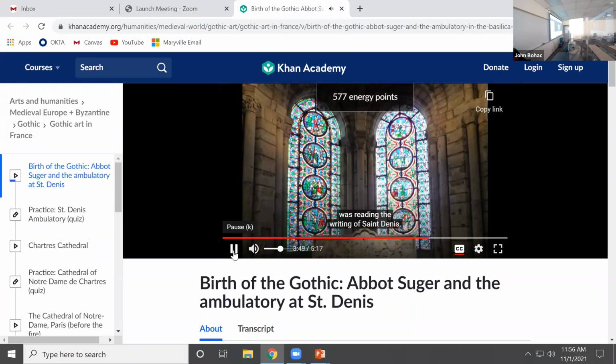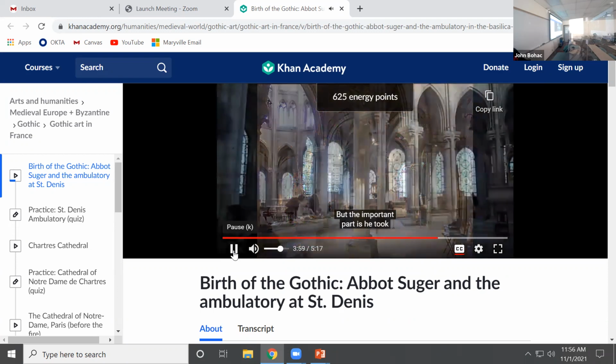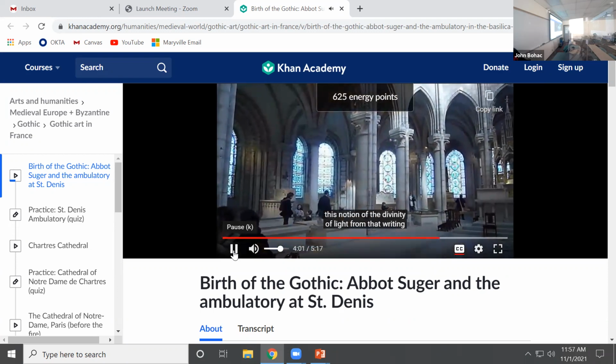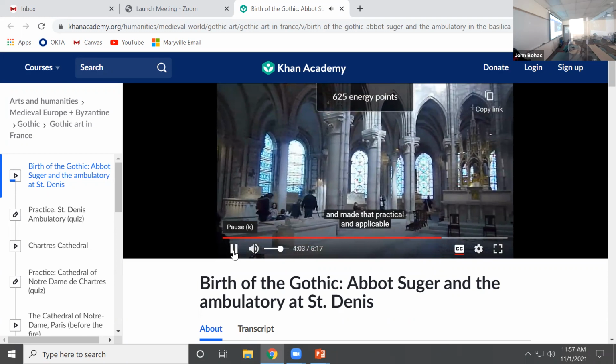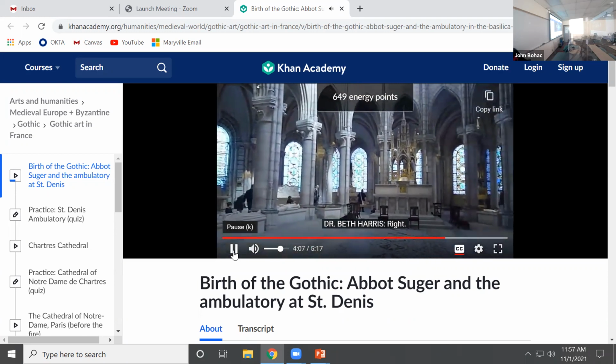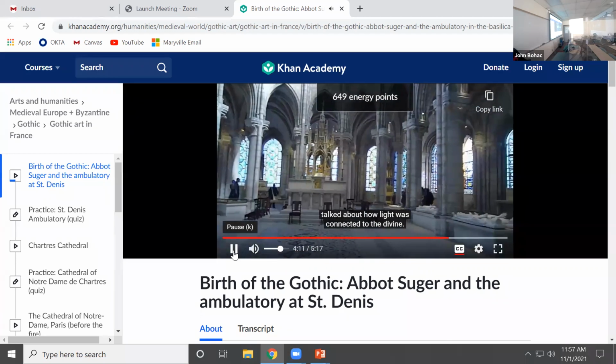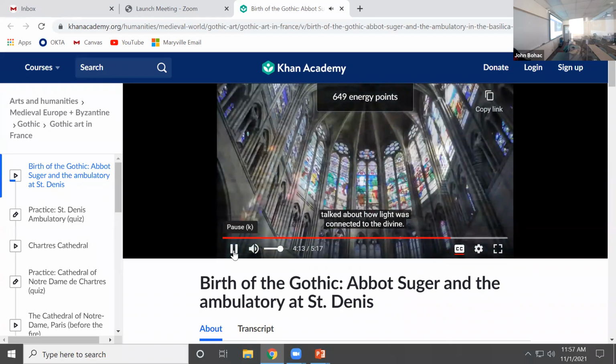Suger thought he was reading the writing of Saint Denis, the patron saint of this church. Instead, he was reading a philosopher from the 6th century. But the important part is he took this notion of the divinity of light from that writing and made that practical within an architectural setting. That writing that he thought was by Saint Denis talked about how light was connected to the divine.